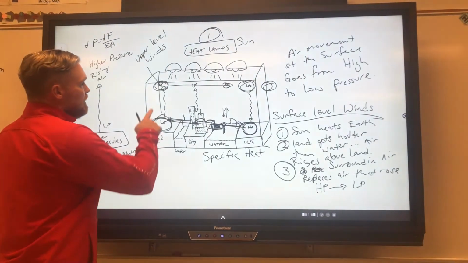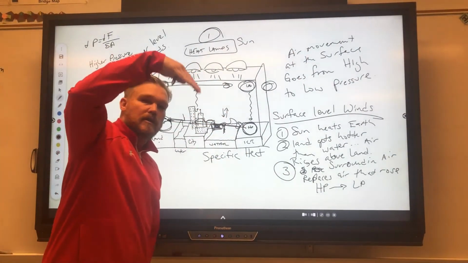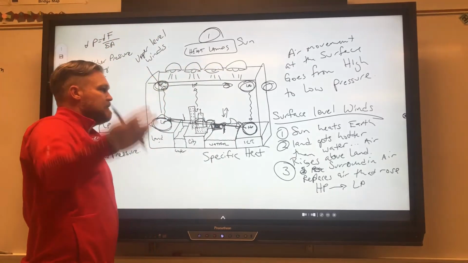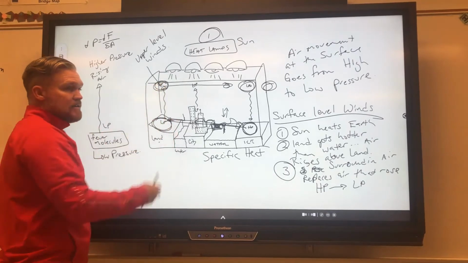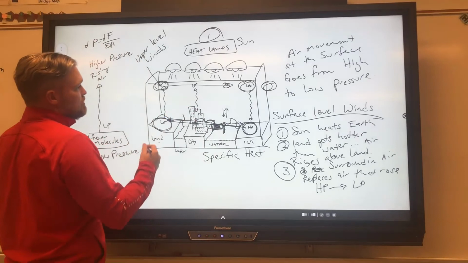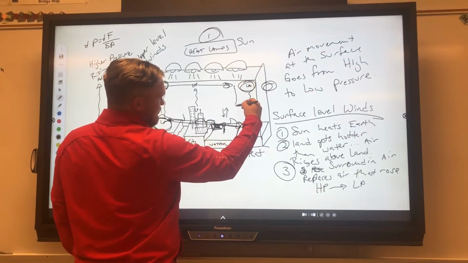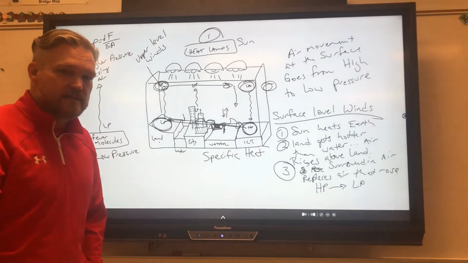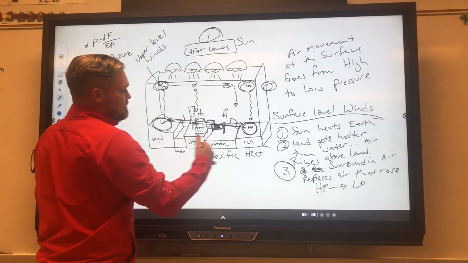But do note that the higher up you go, the colder it gets in the atmosphere. So these air molecules, as they rise, are going to start to contract and cool. When they contract and cool, they are going to want to sink again because they become more dense. When they start sinking again, the cycle just continues.